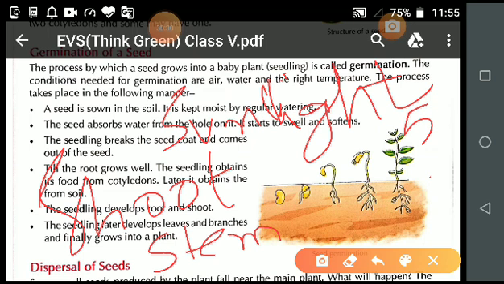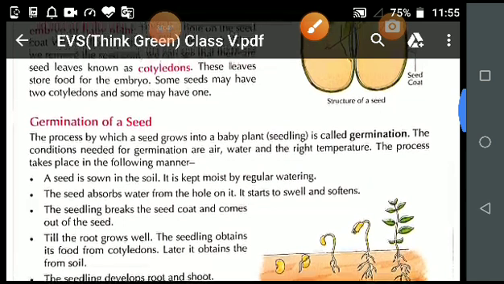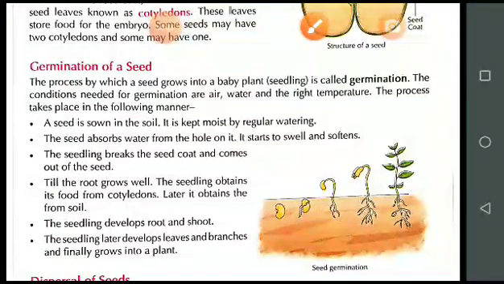So the most important part of the shoot system is the stem. So student, this is the complete process of germination of a seed in the plants.